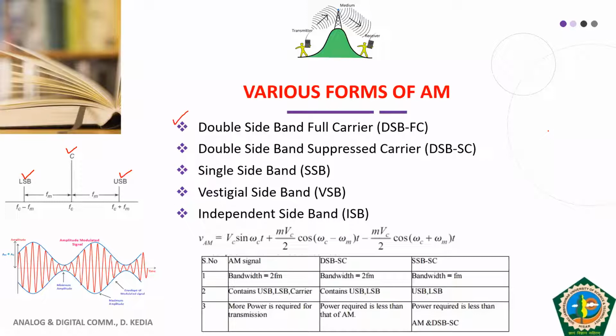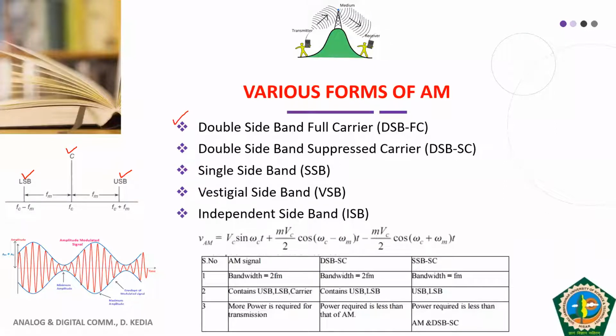Maybe when we gain advantage in terms of bandwidth or power, the complexity of the system may increase. If we want to keep our system simple, then it may consume more bandwidth, more power. So that kind of trade-off will always exist. Depending on whatever is our main requirement, we go for that form of amplitude modulation.